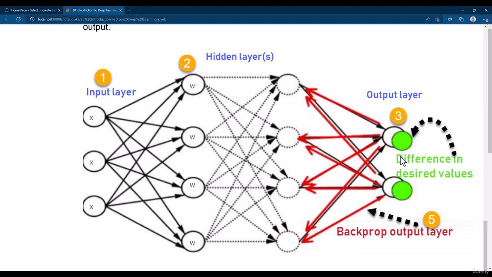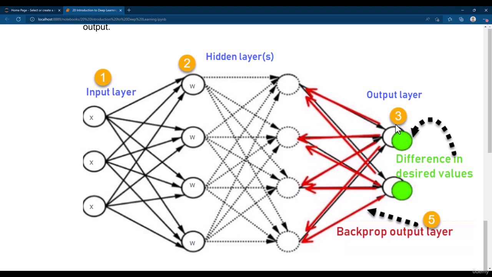So there is a difference between the prediction and the actual output. So we need to adjust the weights in between, whatever your model is learning there. So we need to tell the previous layer, let's say this is the output layer, so we need to tell this layer to adjust its weight.